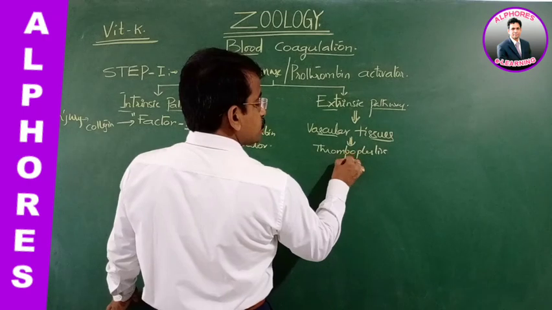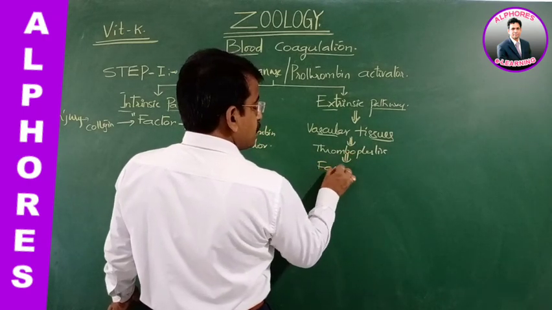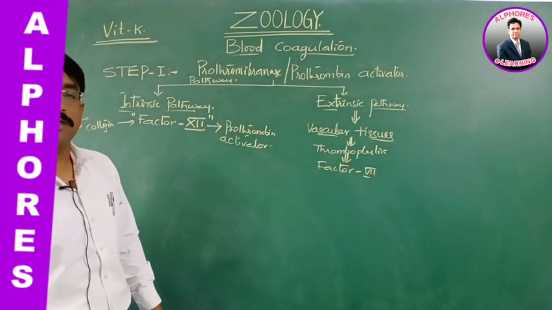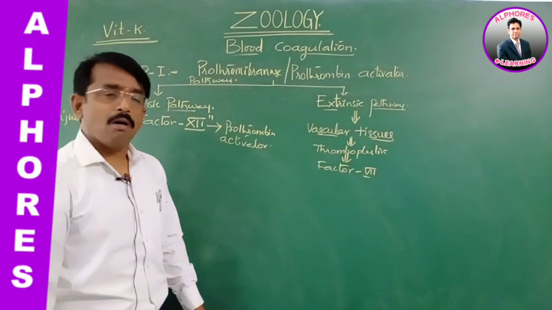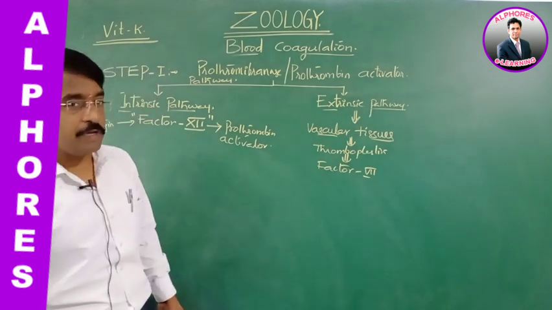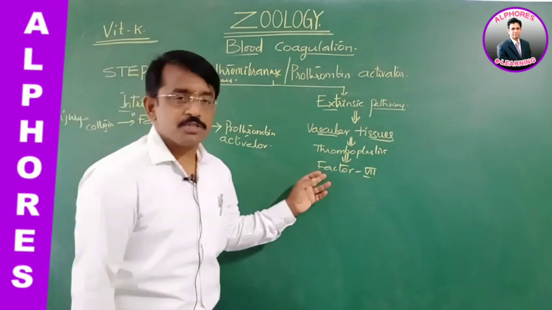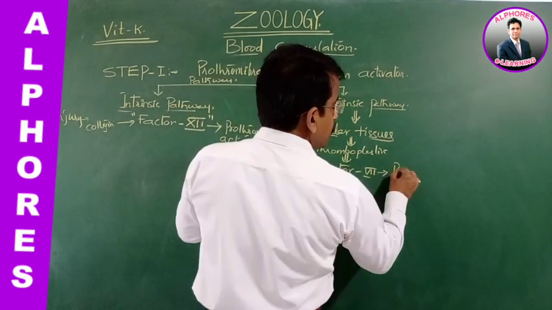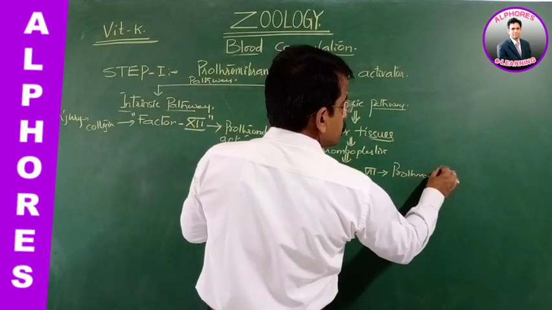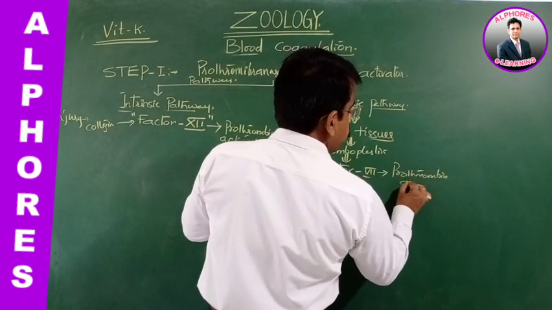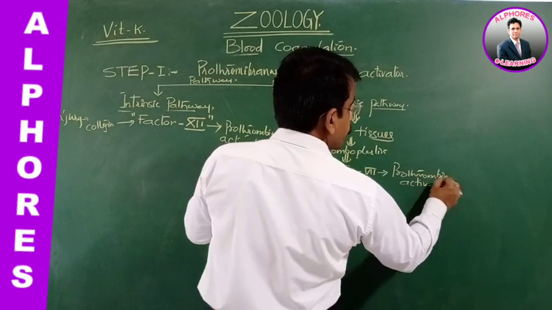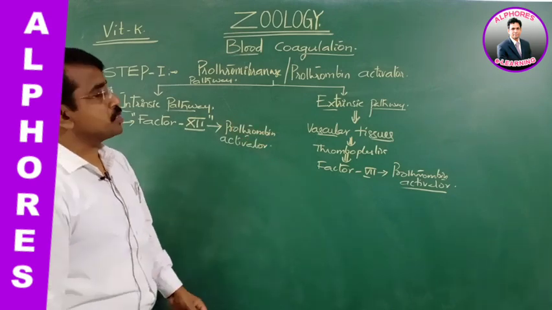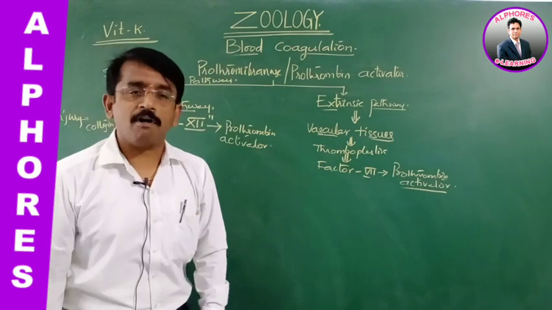These thromboplastins stimulate factor 7th. What is factor 7th? Nothing but the proconvertin, or else the stable factor we have seen. That 7th factor influences the other factors to synthesize prothrombin activator. So this is the first step, prothrombinase formation.